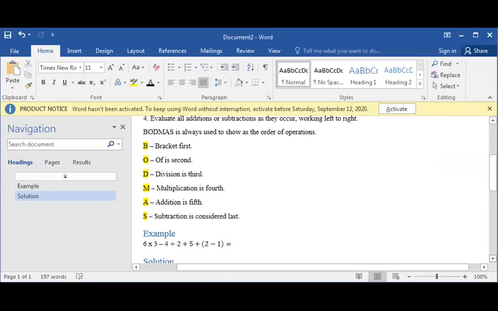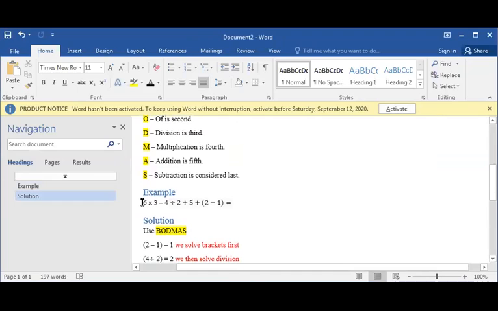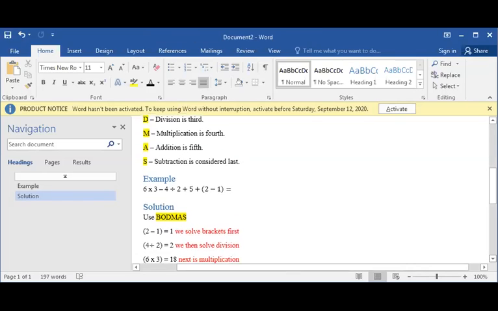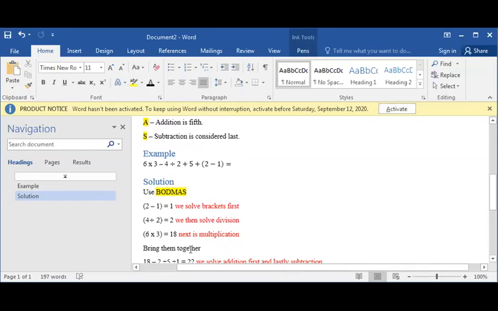There is this question that has been done as an example where you are told to evaluate this. We have a bracket here where you have 2 minus 1, which is in the bracket. You should start with that. 2 minus 1 is actually 1. Then, after working on that, you will go to the division part.